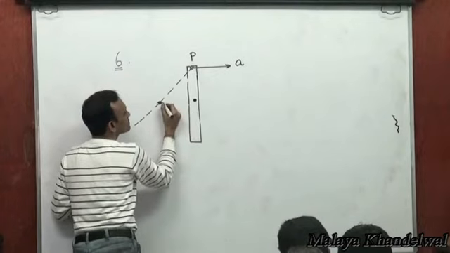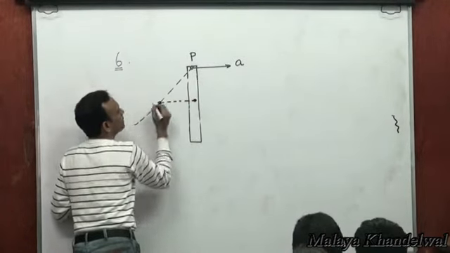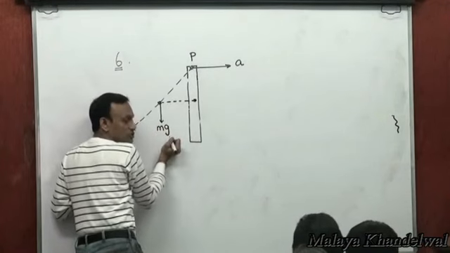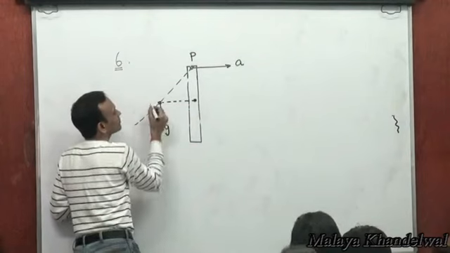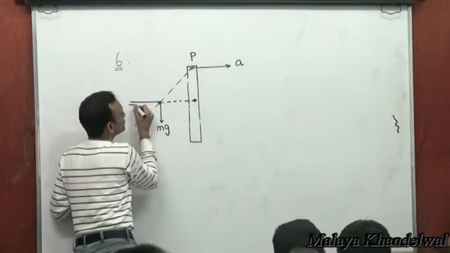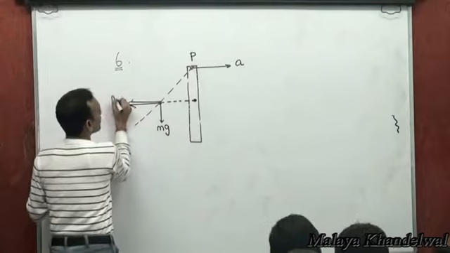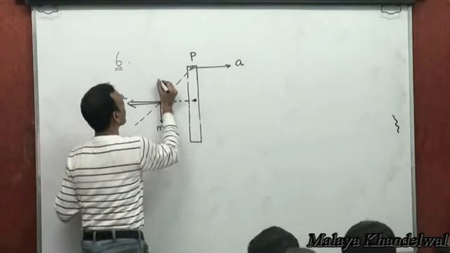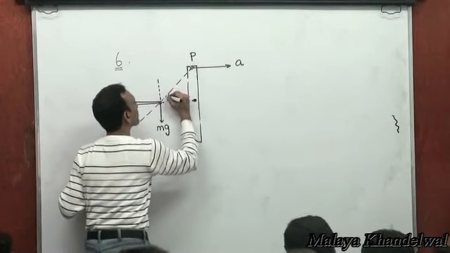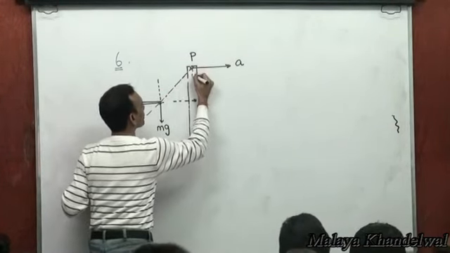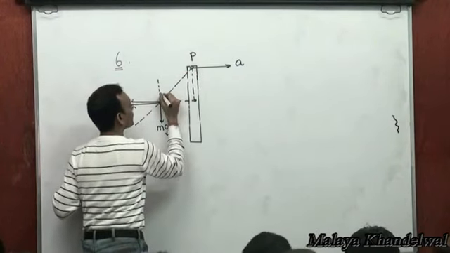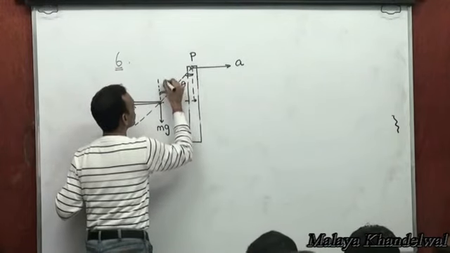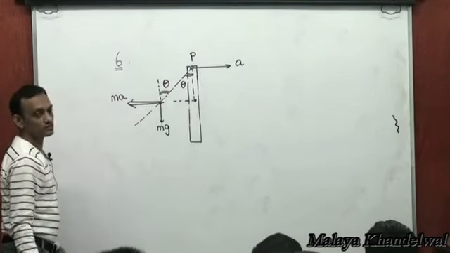With respect to the vertical, mg is like this, right? And there is a pseudo force acting on it, ma like this. The angle that it makes with the vertical, let's say, is theta.